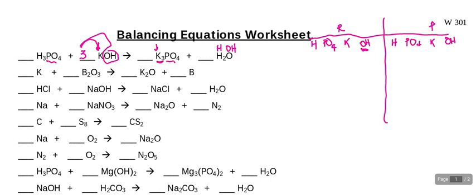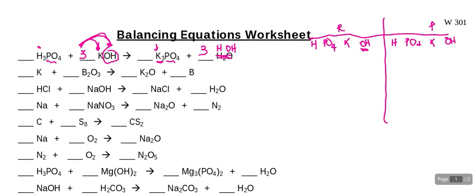There's one PO4 there. If I take a look at the H2O, and I'm just going to replace it with HOH, it's the same thing. I've just written it differently. I notice that I have 3 OHs on my reactant side and 3 H's. Those 3 H's and 3 OHs will come together to form 3HOH or 3H2O. Same thing.